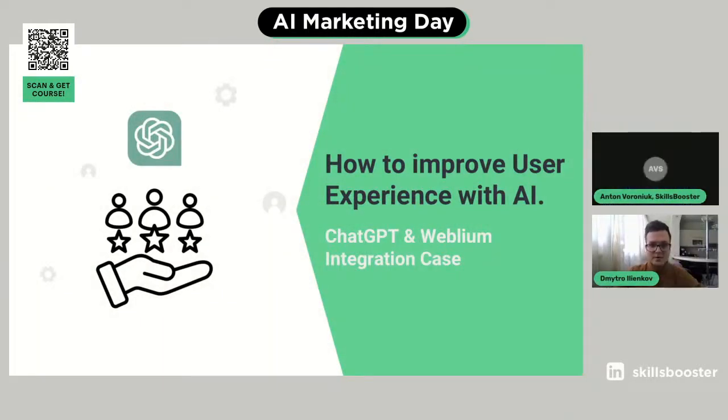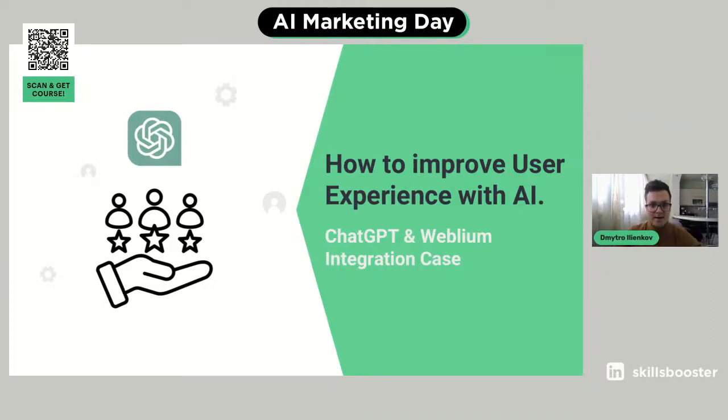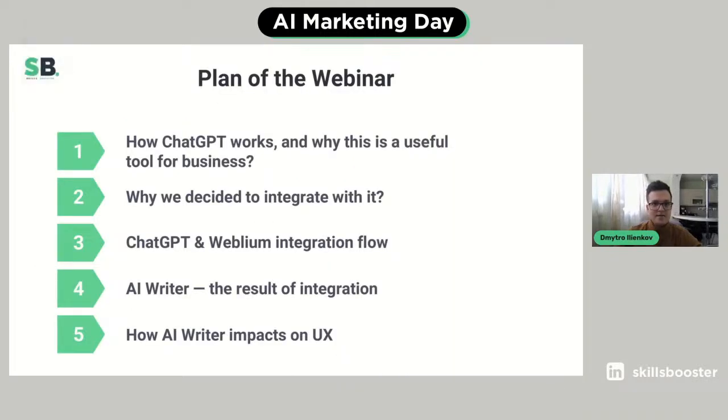So how to improve user experience with AI? ChatGPT and Weblium integration case. How did we integrate it? First of all, let me present you with a plan of our presentation. First of all, I will tell you how ChatGPT works in general and why this is a useful tool for businesses. Also, why we decided to integrate with it.